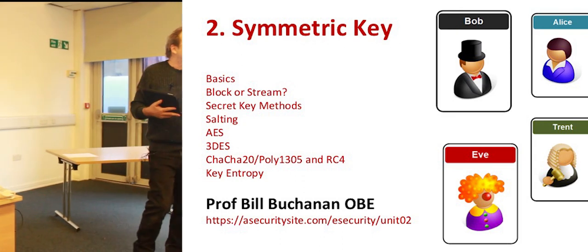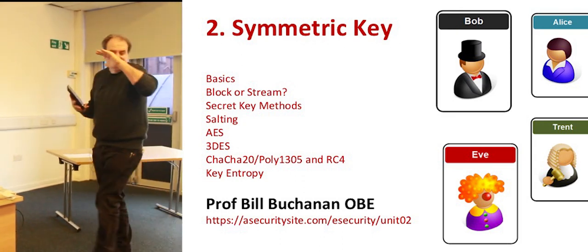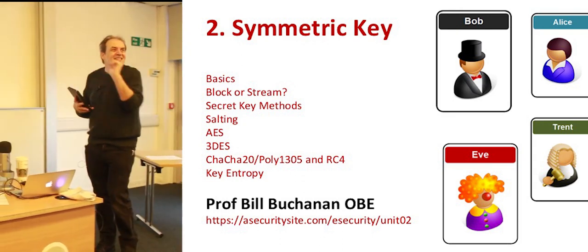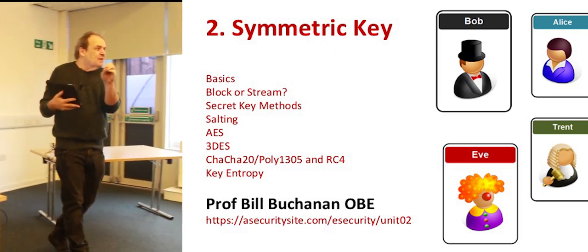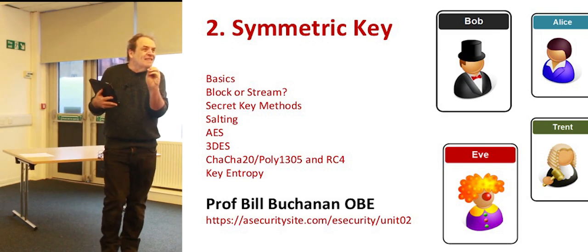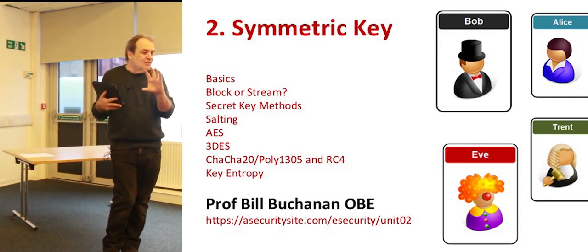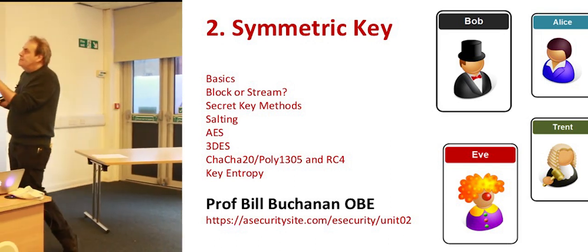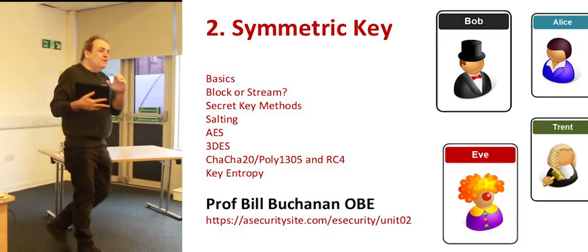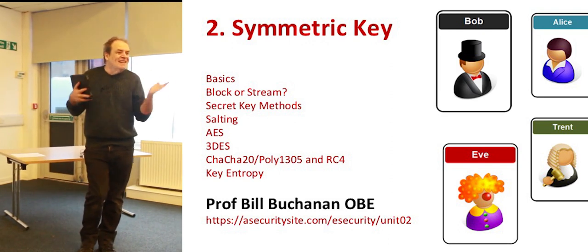And then you might think you've got trillions and trillions of keys, but if you use a password to generate your keys, you've just reduced the key space down massively. So key entropy measures how strong your key is.